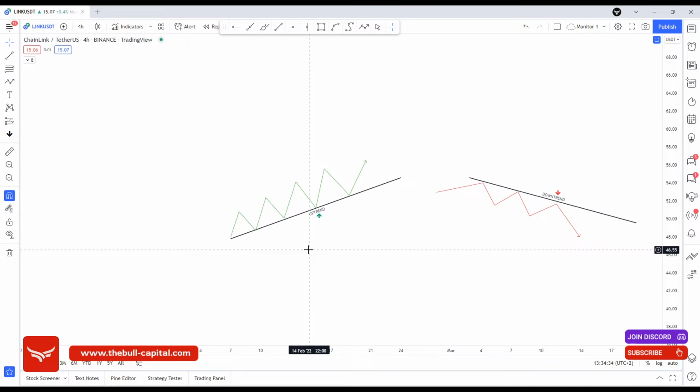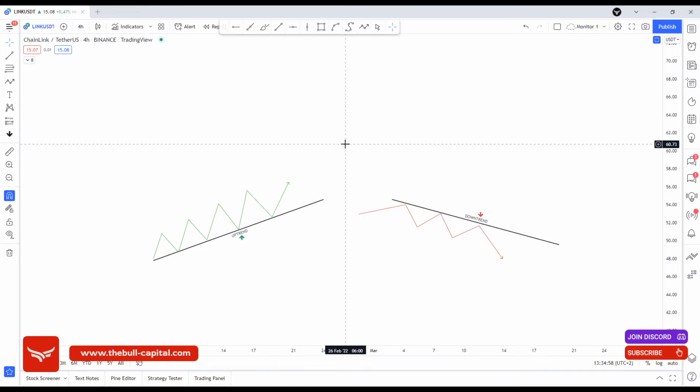The trend can also be sideways or horizontal when the price oscillates between a fixed level of support and resistance. That's actually a pause in the market between trends, okay?